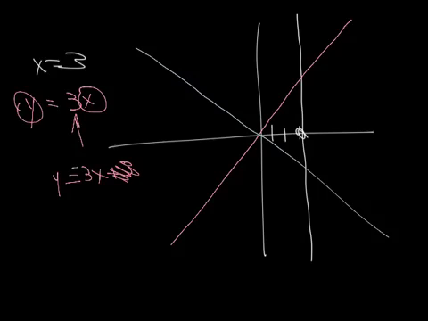If it's a negative number, it's going to look like the blue line. If it's a positive number, it's going to look like the red line. But it's always going to go through the origin.